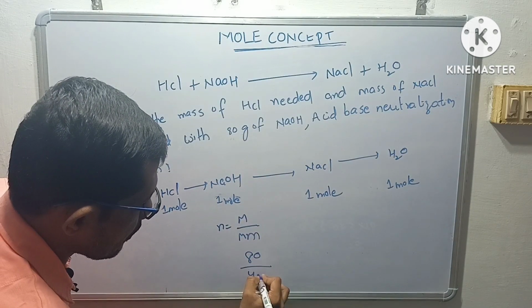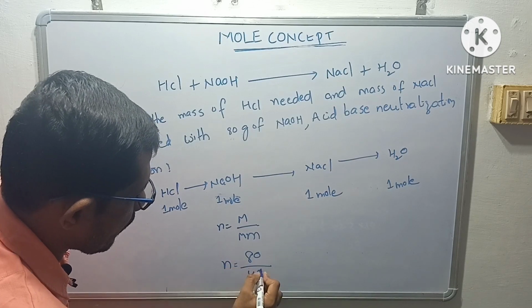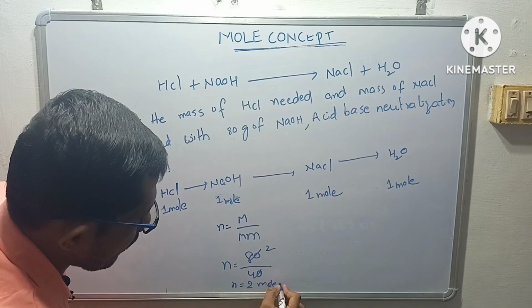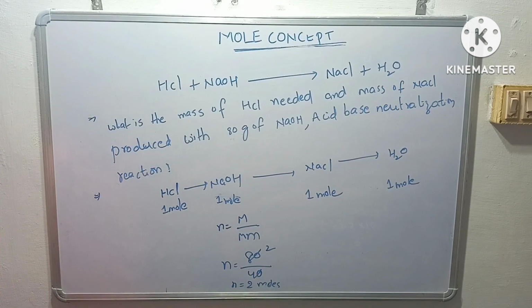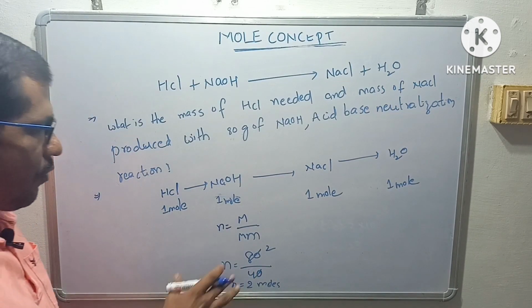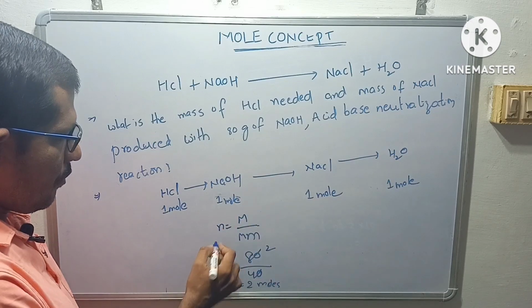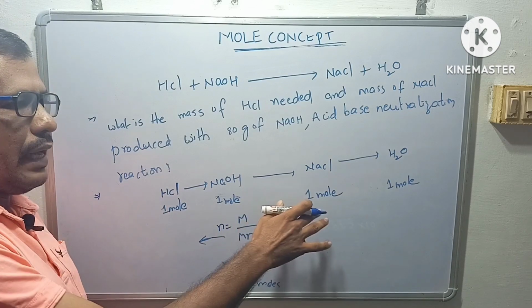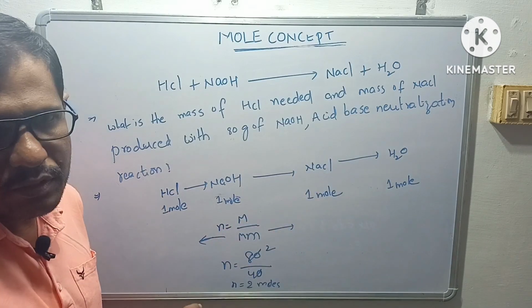Molar mass of NaOH is 40. So if you calculate, 2 moles of NaOH is coming. So now we have calculated the NaOH moles. From this NaOH moles, we need to calculate the remaining compounds' moles also.